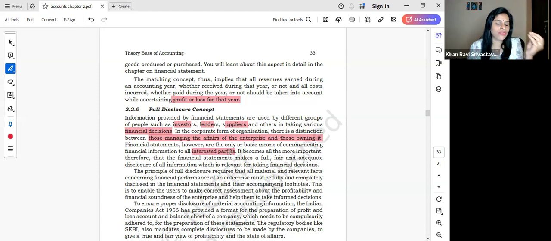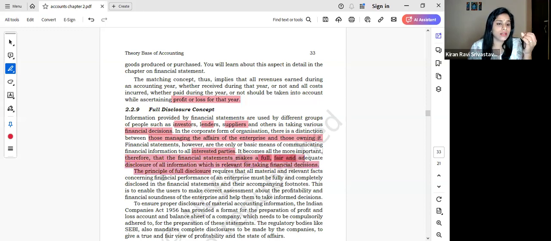The report of that particular company, on how well the company is being run, is given by the financial statements. It becomes all the more important that the financial statements make full, fair, and adequate disclosure of all the information.